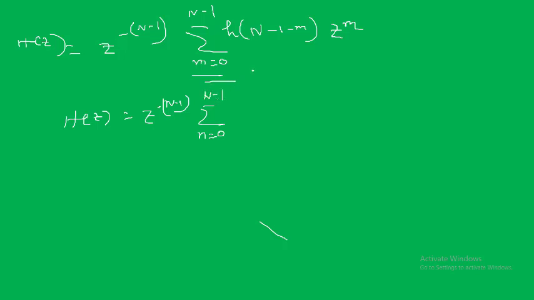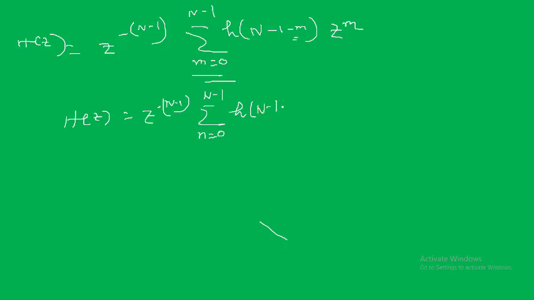We have only changed the index, nothing else; we have just written n in place of m. Even if we don't change it, nothing will happen and we can conclude from this equation itself, but for conventional notation we have changed m to n.